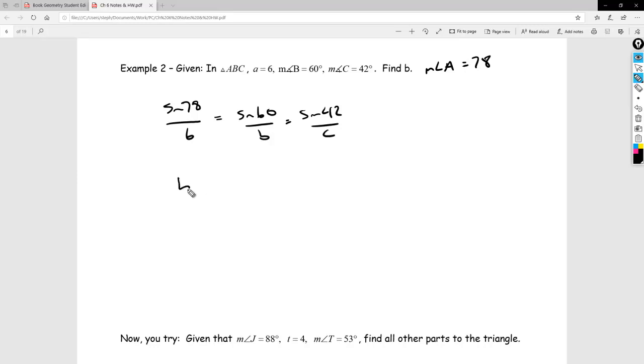Okay, so B must be 6 sine of 60 over sine of 78, and that is going to give me 5.312. And that's all that they're asking us to do, so we can stop there.